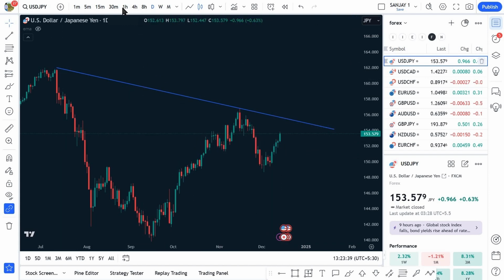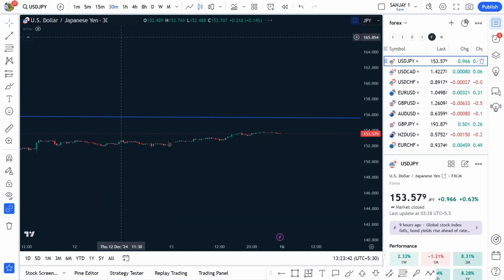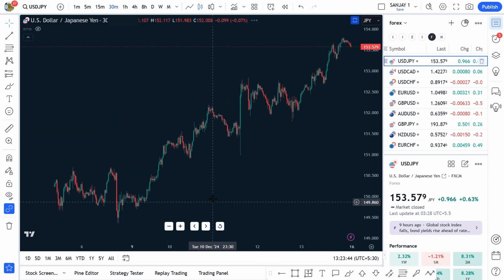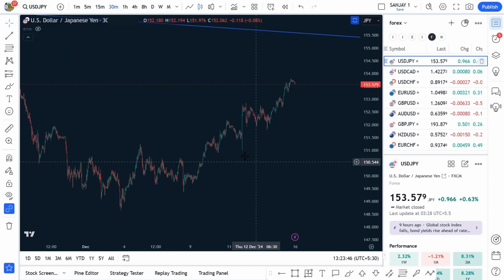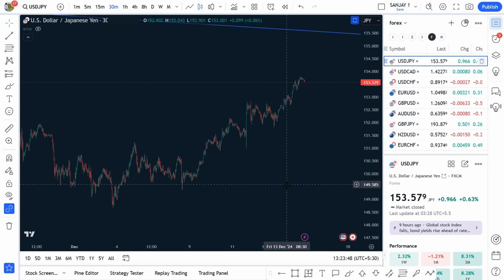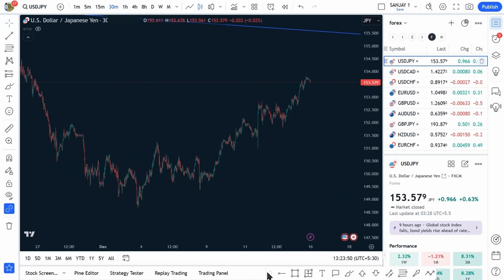So if I go to a little lower time frame and see what its structure is, I can mark it out as a channel forming as of now.